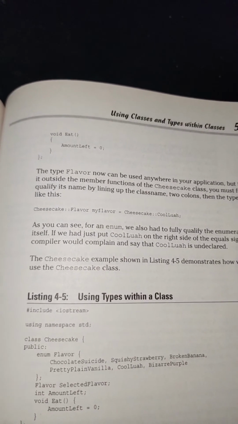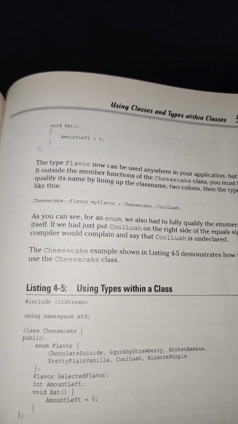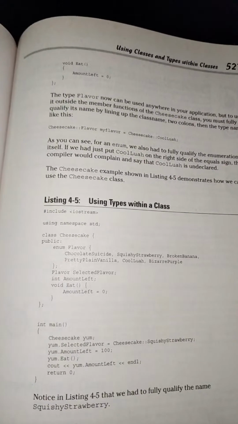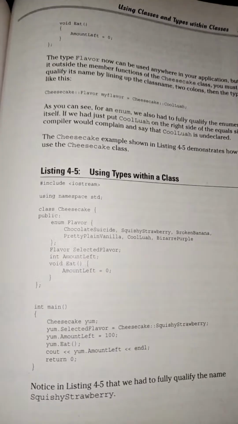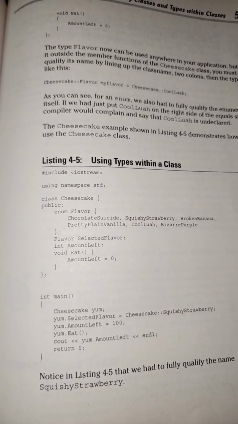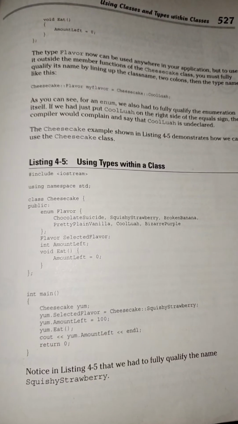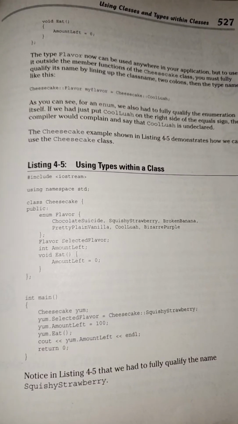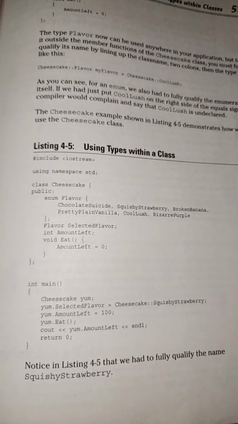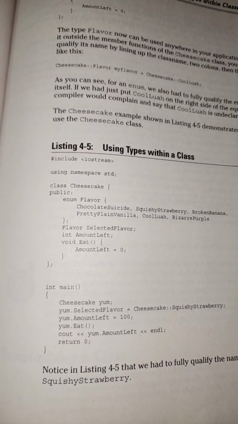The Cheesecake example shown in Listing 4-5 demonstrates how we can use the Cheesecake class. Listing 4-5, using types with the class: include iostream, using namespace std, class Cheesecake, public enum Flavor with the same values, Flavor selectedFlavor, int amountLeft, void eat, amountLeft equals 0.